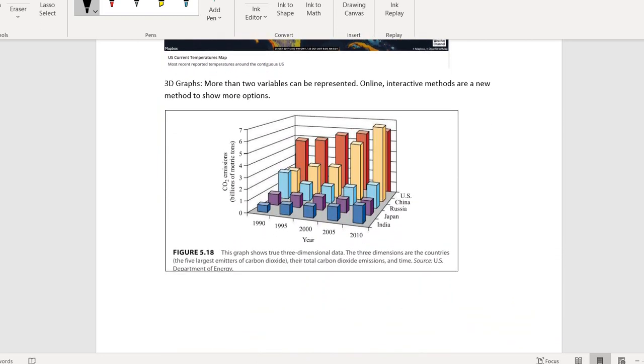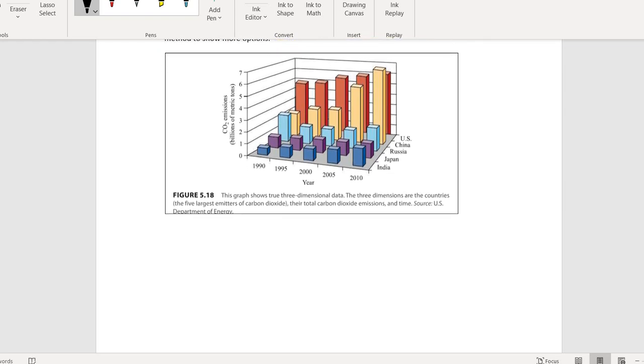Now, 3D graphs have become more popular as technology has increased. So if we look at this one, we're looking at CO2 emissions, which you could kind of construe as pollution, the year, and the country. So we're able to look at 3 variables at once instead of just 2.